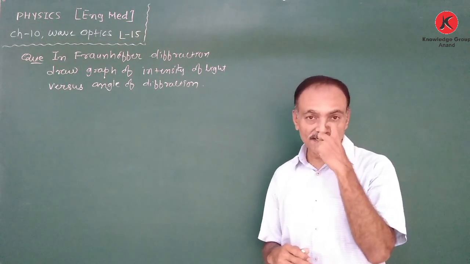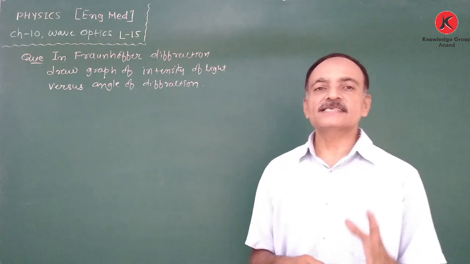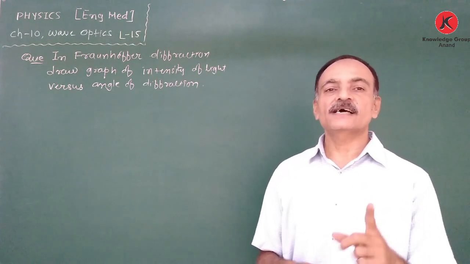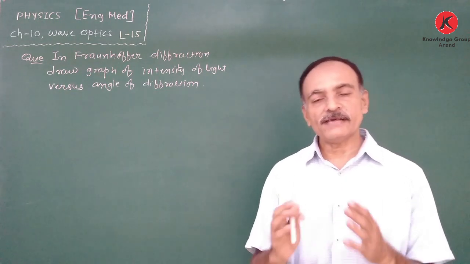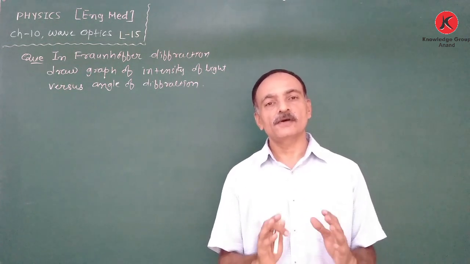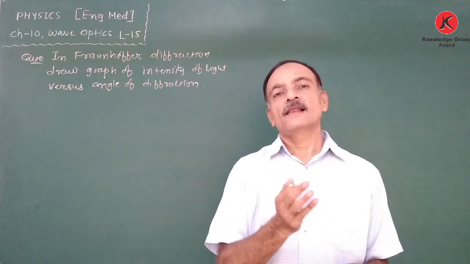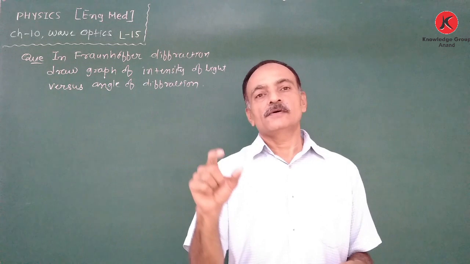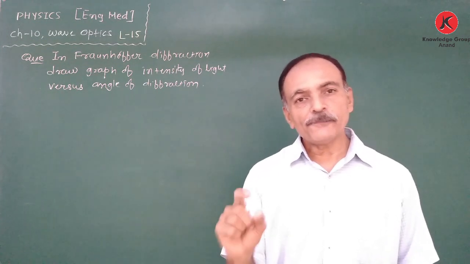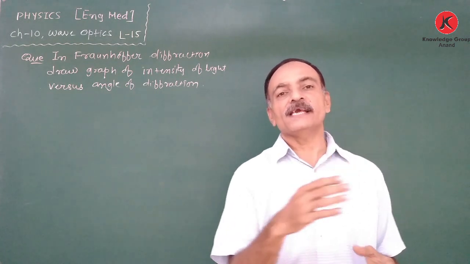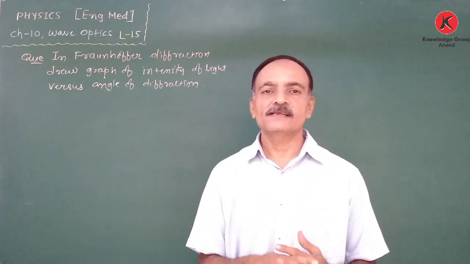Now, what is the graph of the intensity of the fringes obtained in Fraunhofer diffraction versus the angle of diffraction? Already we discussed in diffraction theory that waves emanate from different parts of the wave front, and the angle increases with the order.